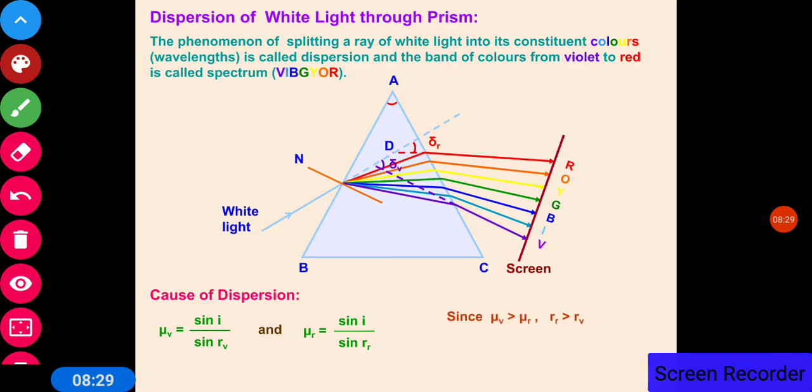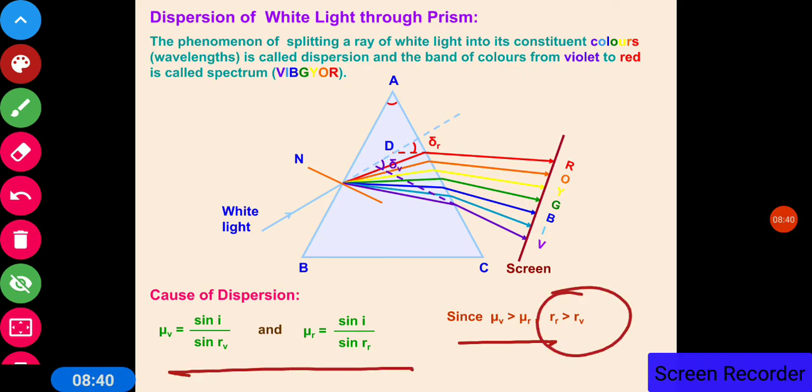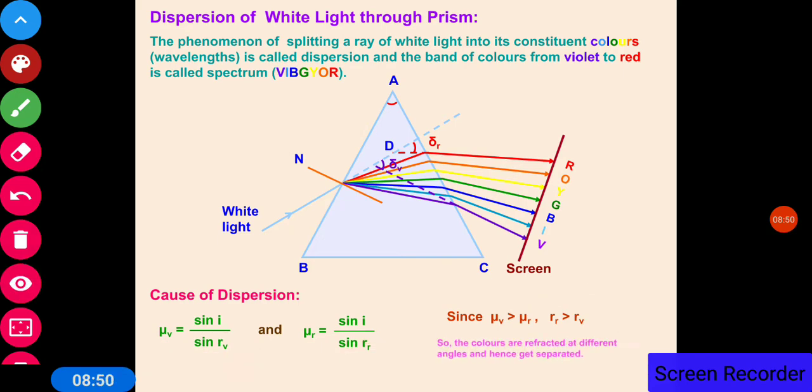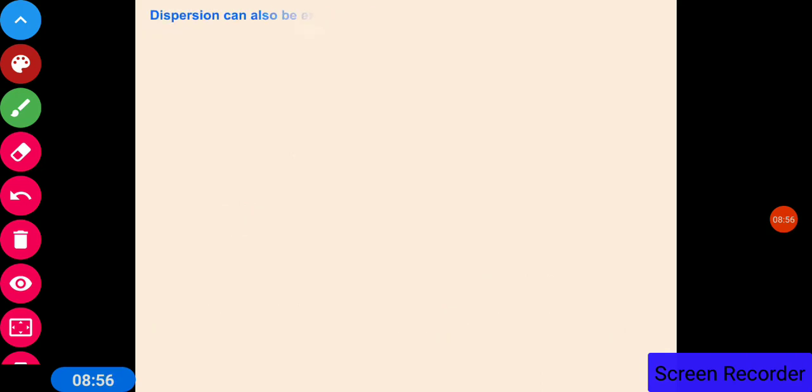Now since we know that the refractive index for violet is greater than the refractive index for red color, from these two relations we can say that R R is greater than R V, because if this is greater then mu R is smaller, and if this is smaller then mu V is greater. So the colors are refracted at different angles and hence get separated.